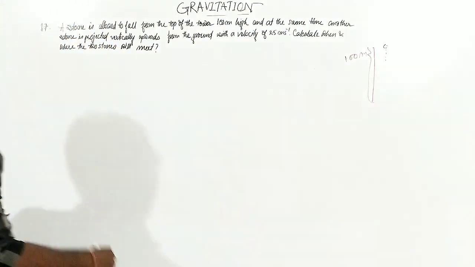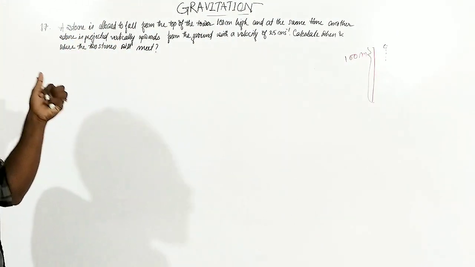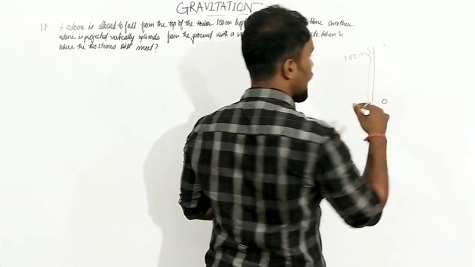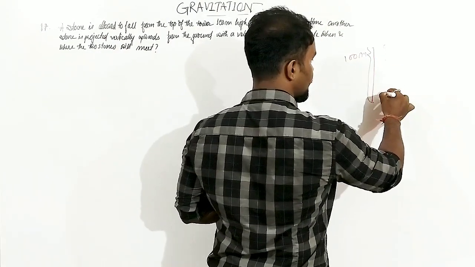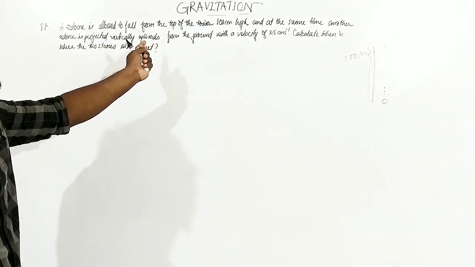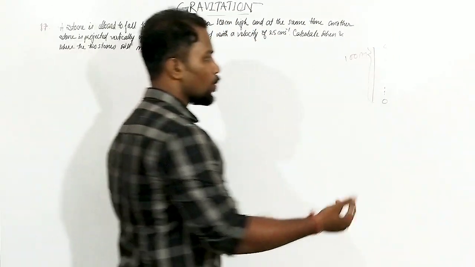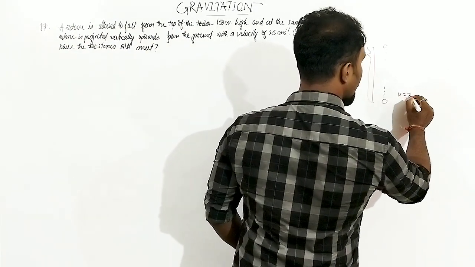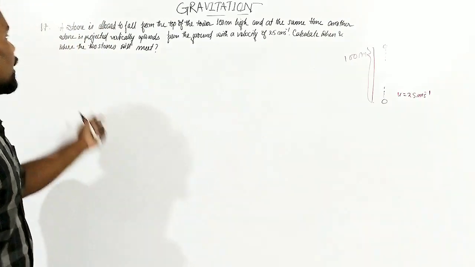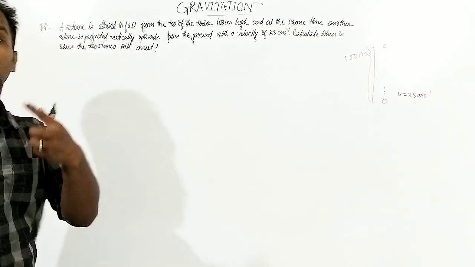At the same time, another stone is projected vertically upward, with a velocity u equal to 25 meter per second. Now we have to calculate when and where the stones are going to meet.